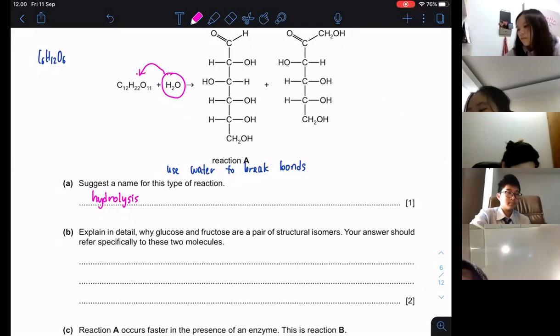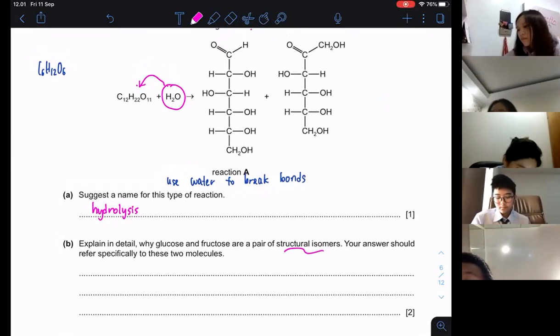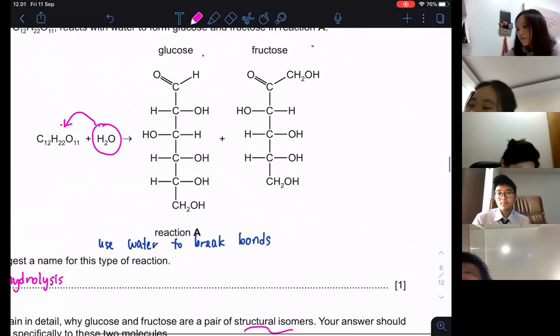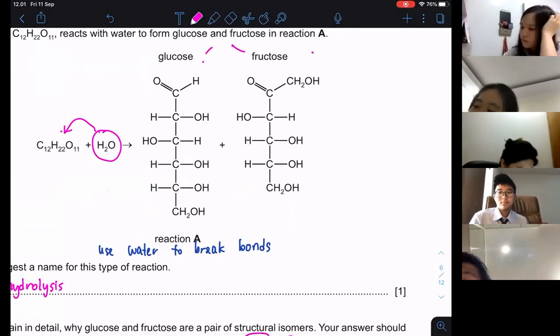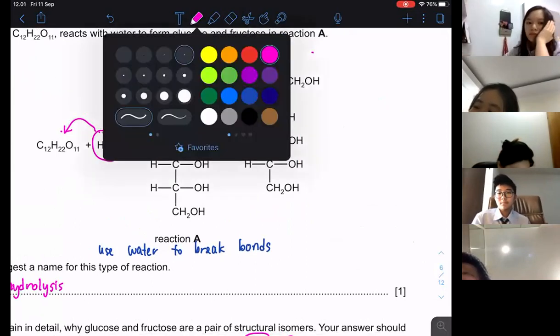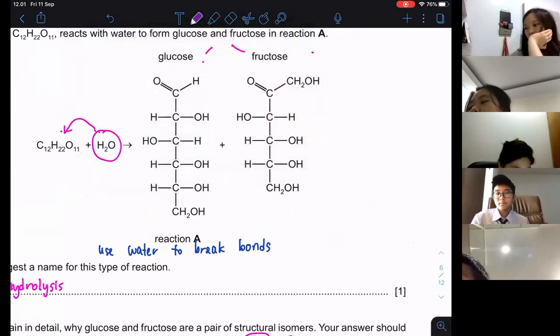Explain in detail why glucose and fructose are a pair of structural isomers. Your answer should refer specifically to these 2 molecules. It means I need to really focus on this and tell that these 2 are structural isomers. I think they should have the same molecular formula. So I need to actually find out the molecular formula.